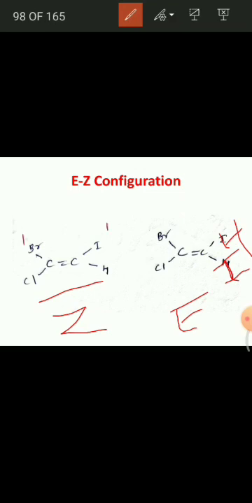First priority, same side. Here first priority iodine, first priority bromine, opposite side, E configuration.